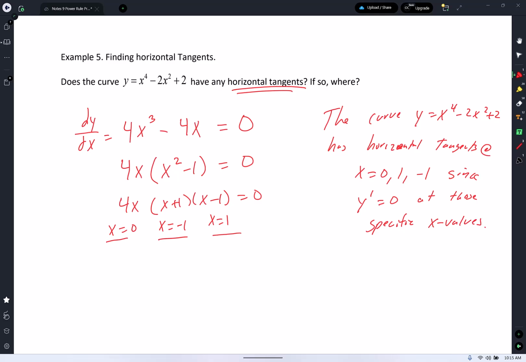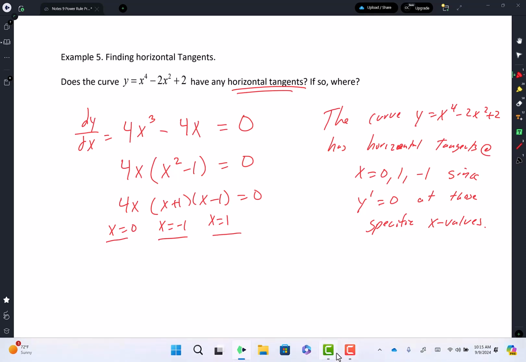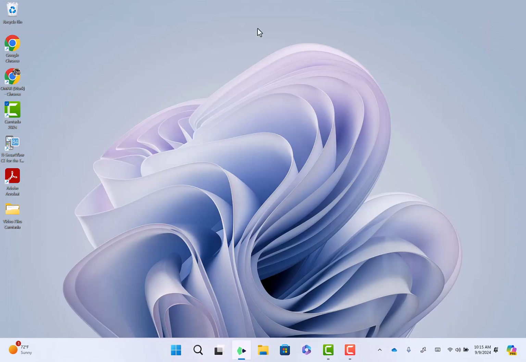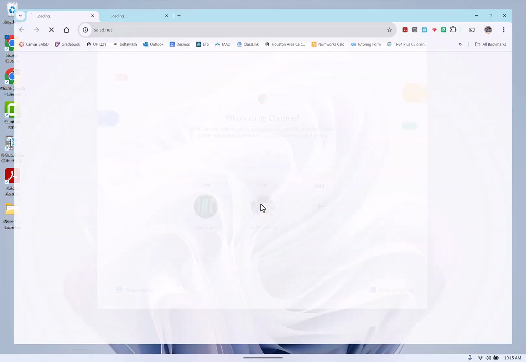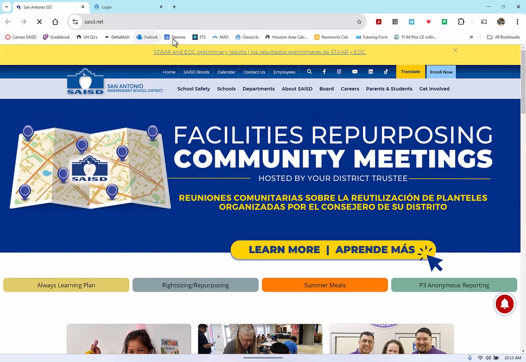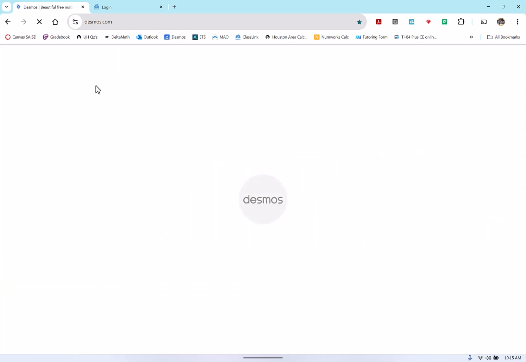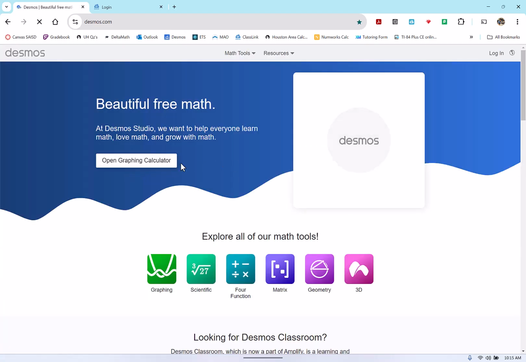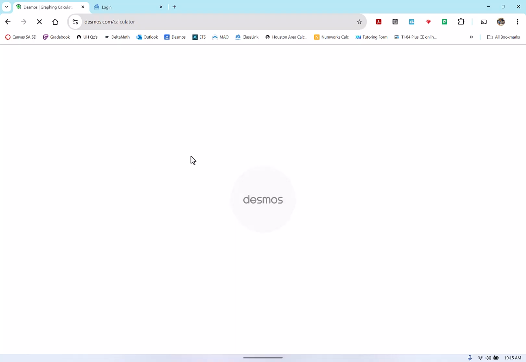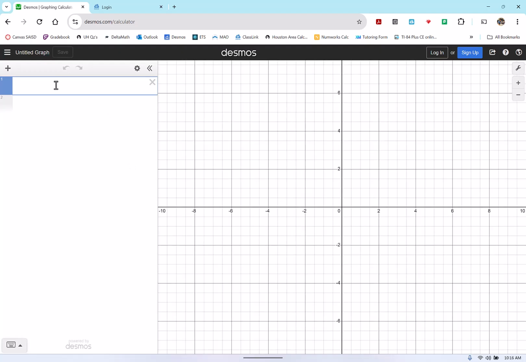Do you guys want to see the picture? Okay. Let's see the picture. So I'm going to come up here. I'm just going to go to Desmos. And what was the equation again? I'm almost there. Sorry. Different calculator. Come on. Go fast. Okay, y equals x to the 4th minus 2x squared plus what? 2.